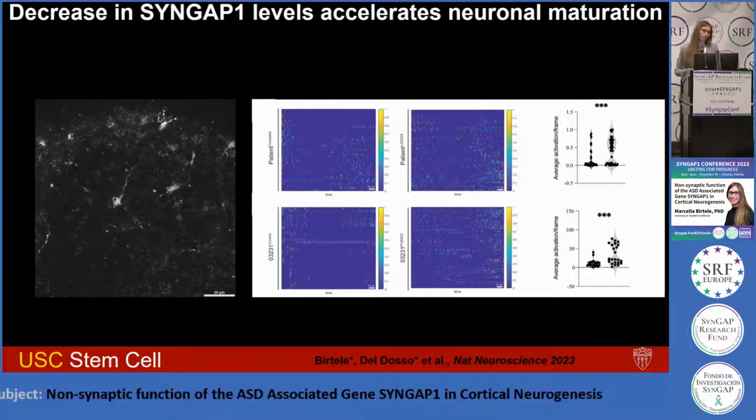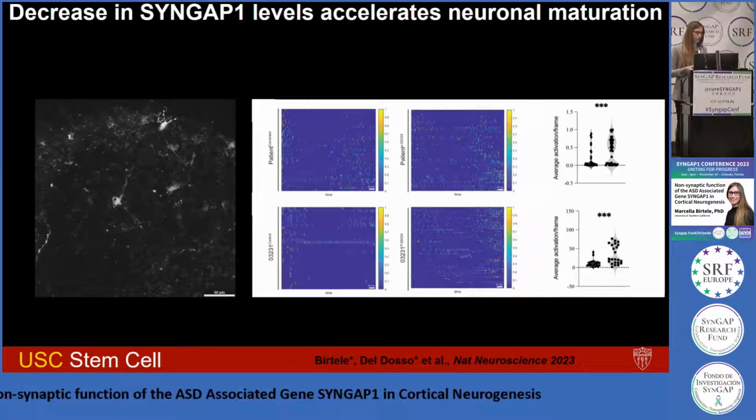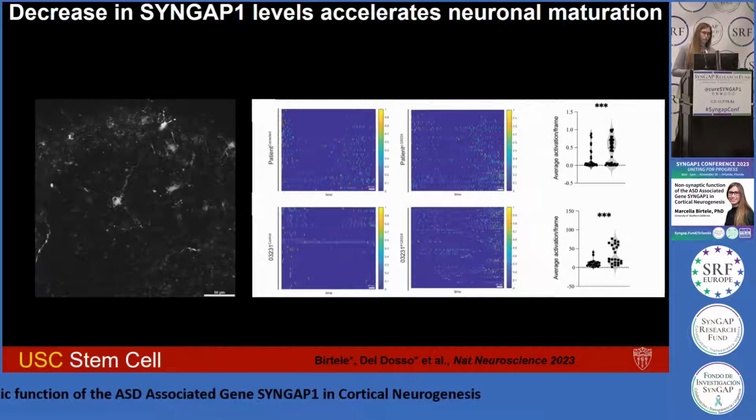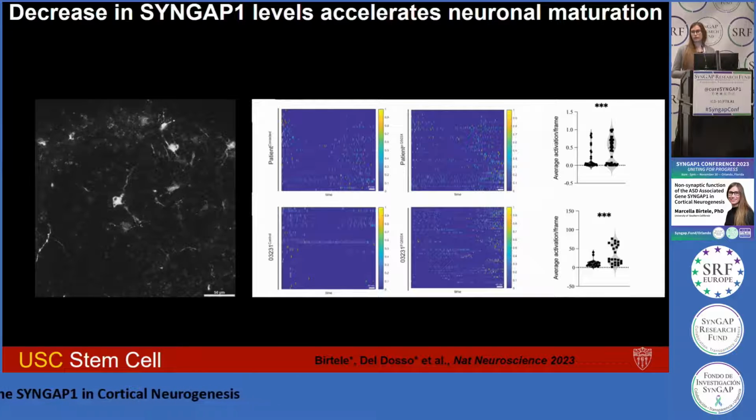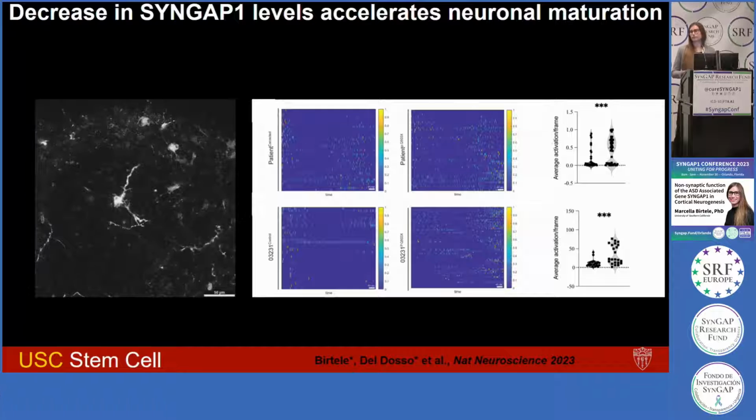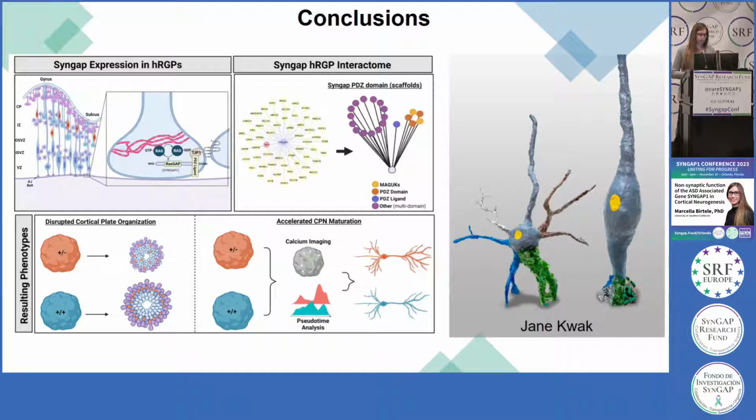And finally, we also looked at the neuronal phenotype. And we could see from single cell sequencing that I'm not showing here at 4 months, and calcium imaging as well as arborization and structural analysis that in Syngap patient-derived lines, we had an accelerated maturation in line with previous results in rodents and human.